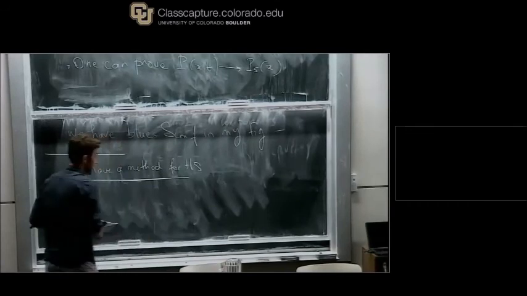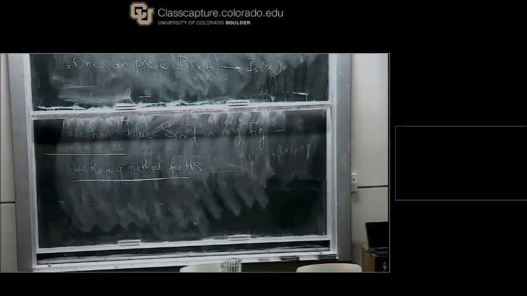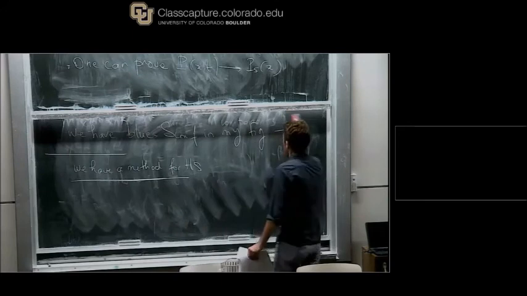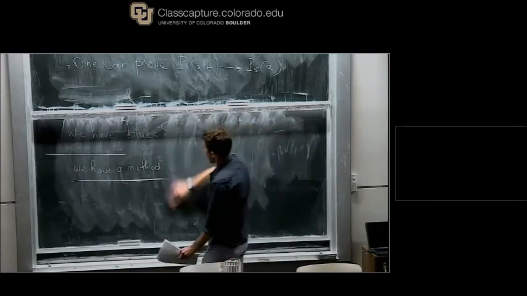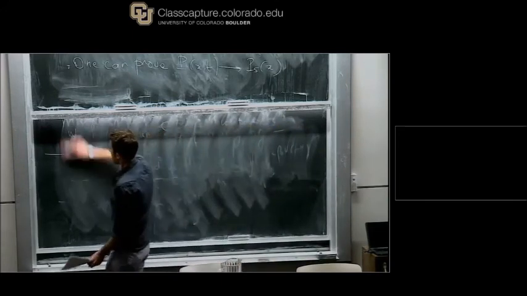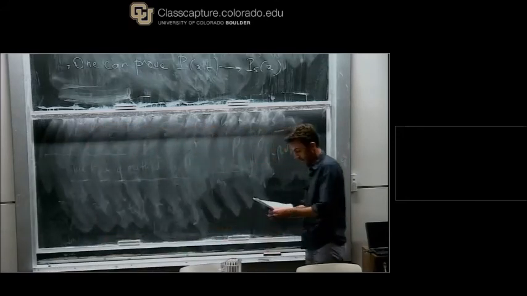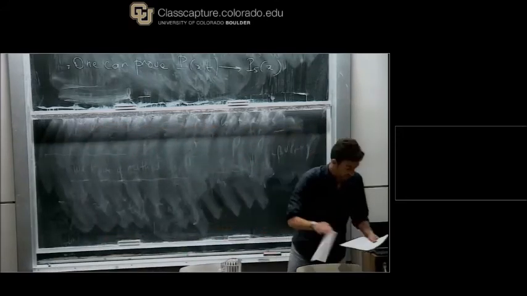You define a stochastic process that satisfies detailed balance, and by construction the algorithm will be sampling the configuration space with the canonical distribution. So that's the idea behind Monte Carlo, which is nothing magic this time.